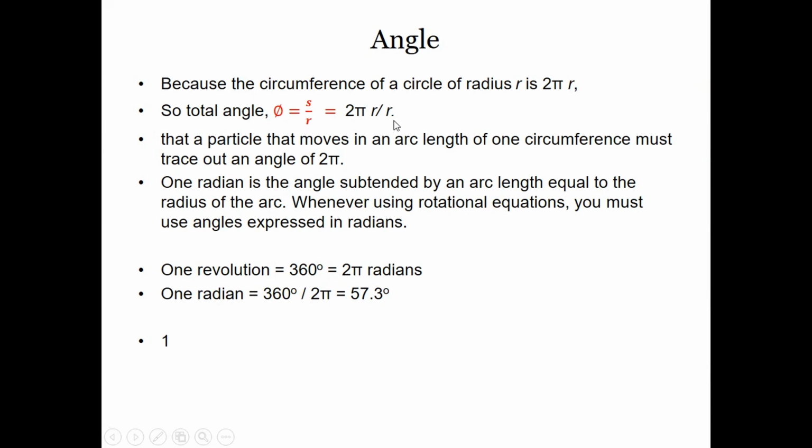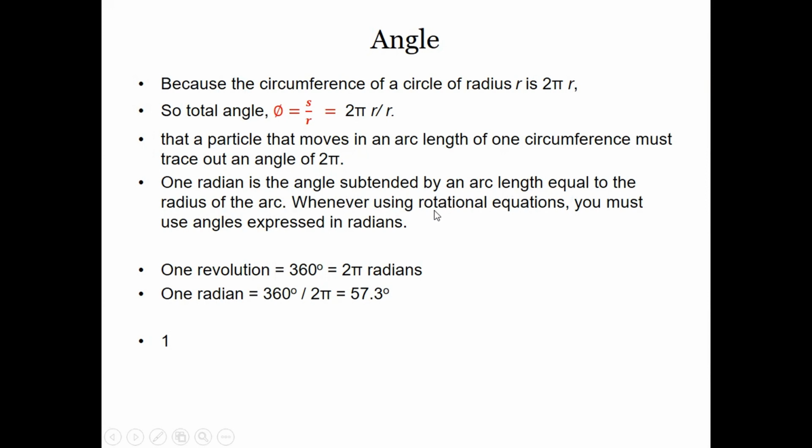It means if the particle moves in an arc length of one circumference, then it must trace out an angle 2 pi. 1 radian is the angle subtended by the arc length equal to that of the radius of the arc.